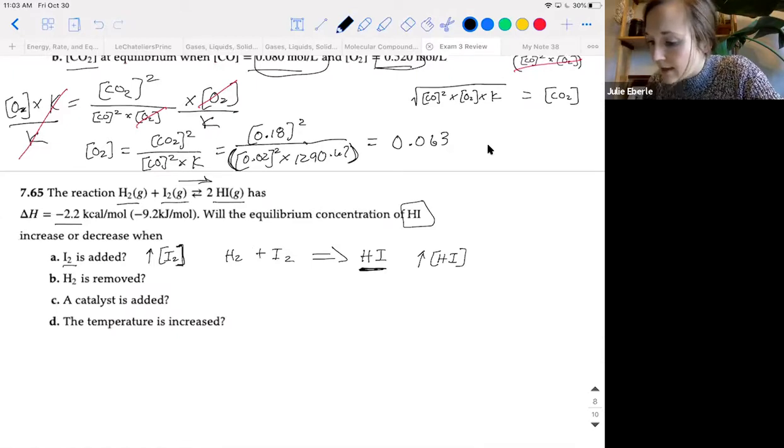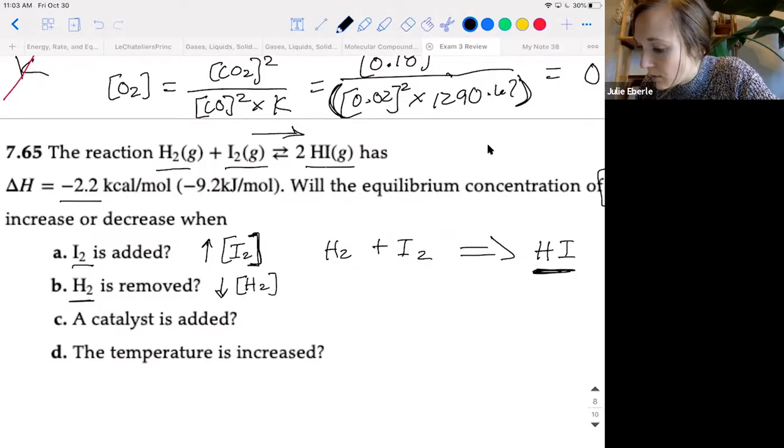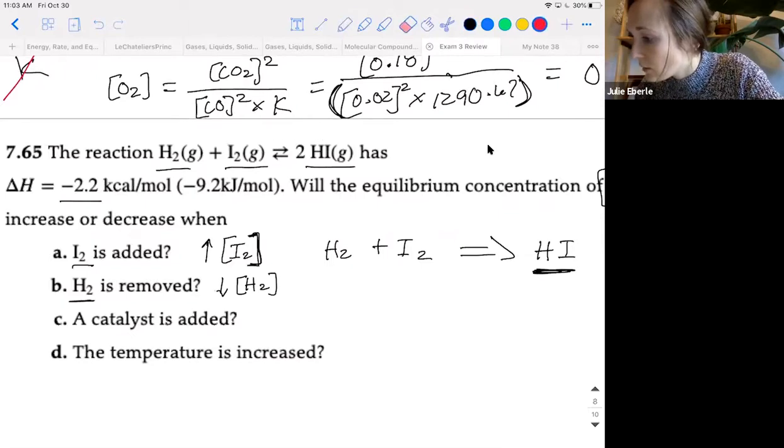Okay, B says what happens to the concentration of HI if we remove some of the other reactant, hydrogen gas. So we're going to decrease the concentration of H2. What is going to happen to equilibrium? When we add something, it shifts the opposite way. When we remove something, it shifts towards the thing we took away. So equilibrium in this case will do this.